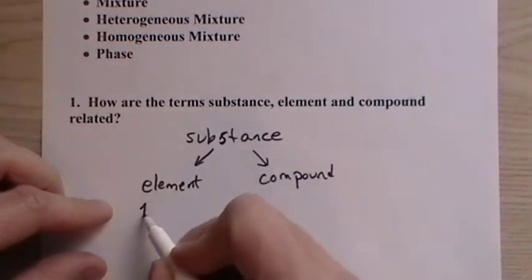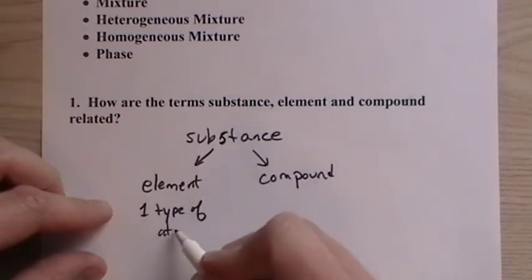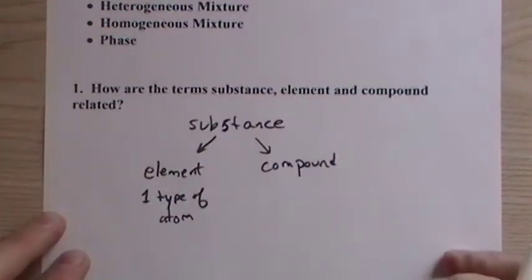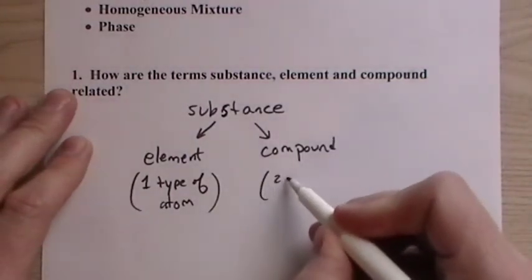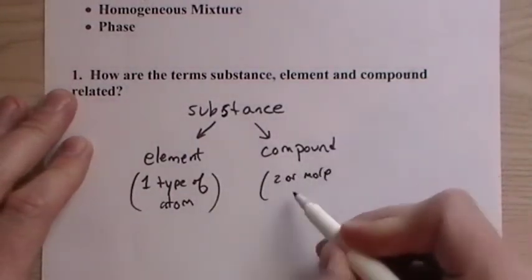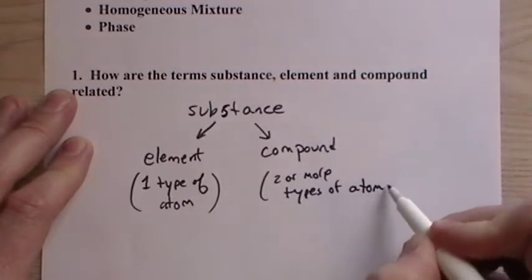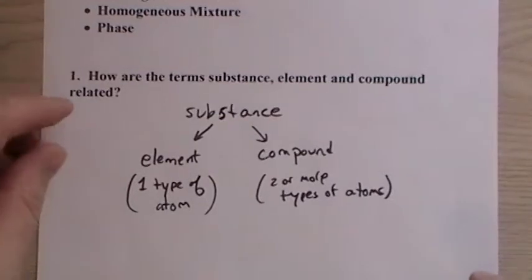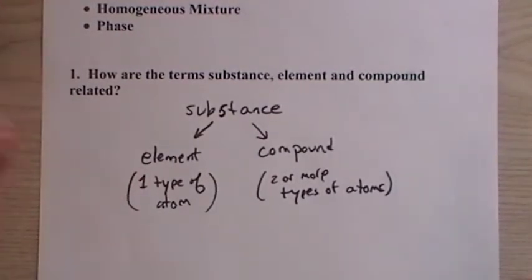An element is one type of atom, and a compound is two or more types of atoms. So substance is just a way of catching both the element or the compound.